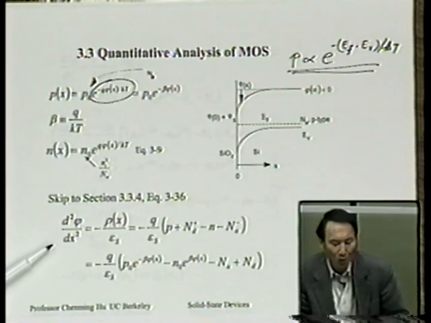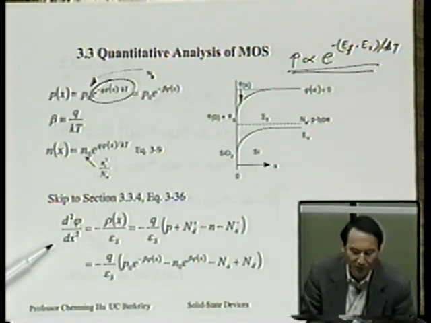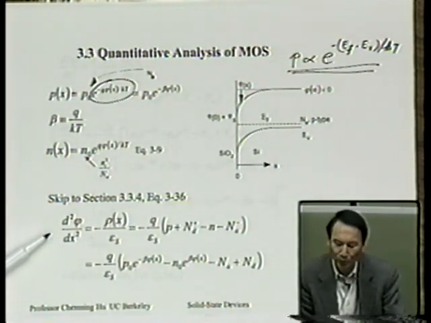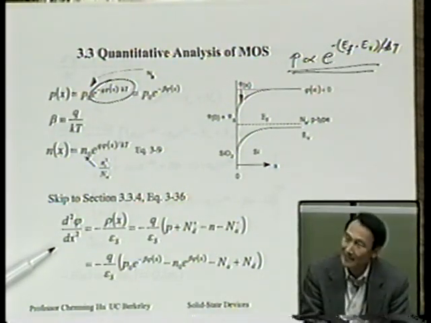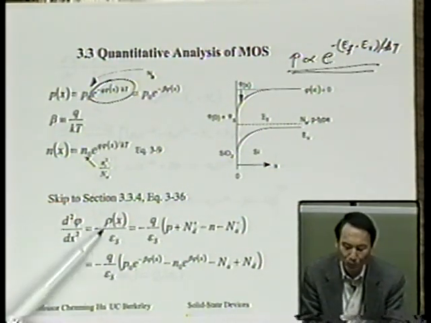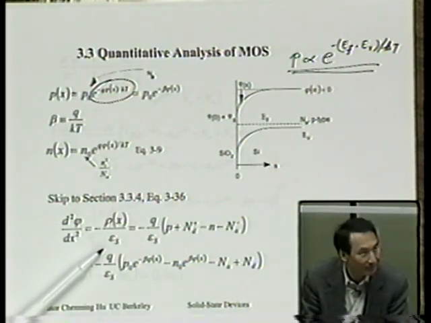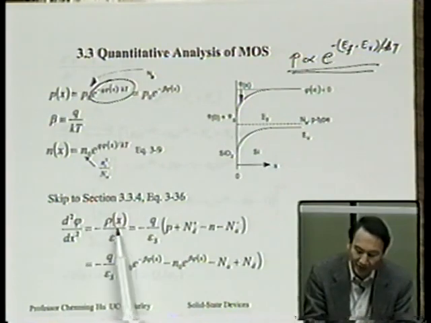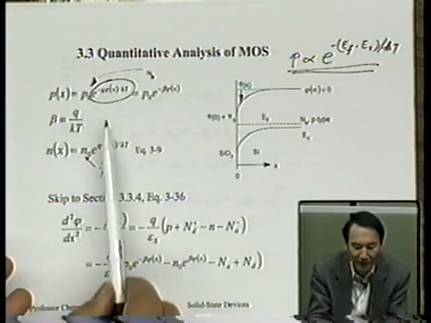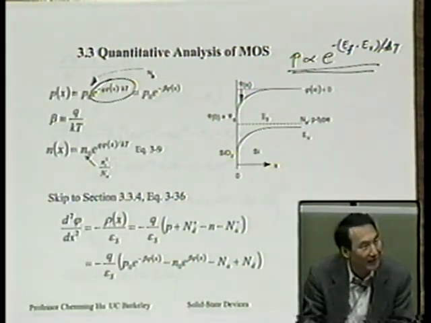And now we're ready to write down the Poisson's equation: the second derivative of the potential phi with respect to x is equal to minus rho over epsilon, right? That's the standard Poisson's equation. Rho is a function of x. Why? Because phi is a function of x. That's why rho will be a function of x, right?